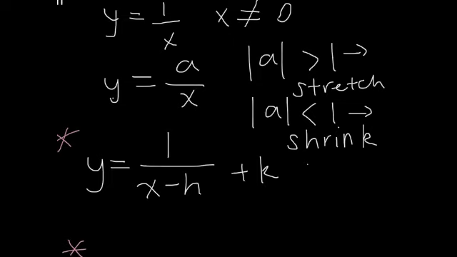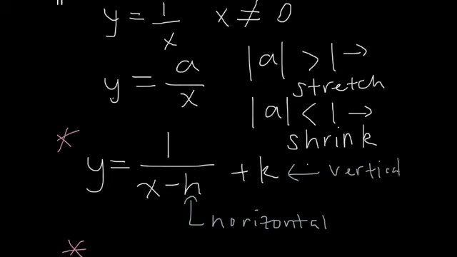And this may look a little daunting, but all this says is that h will move the graph horizontally and k will move the graph vertically.